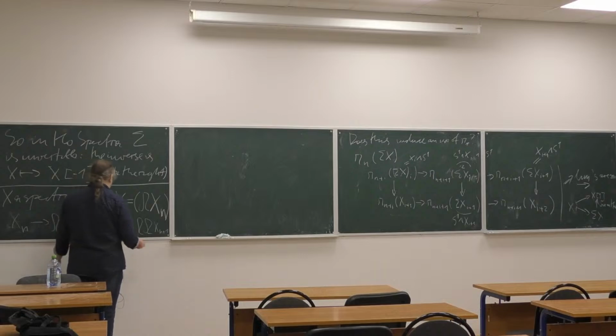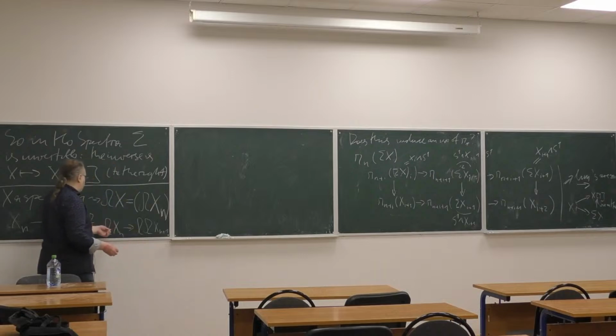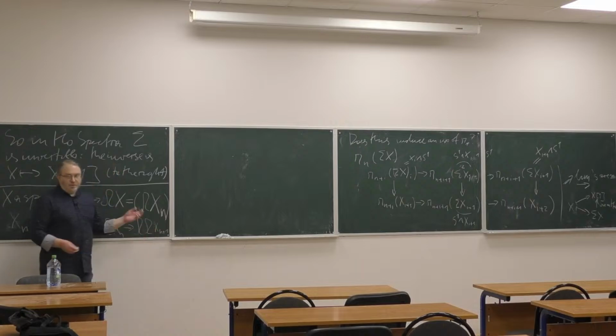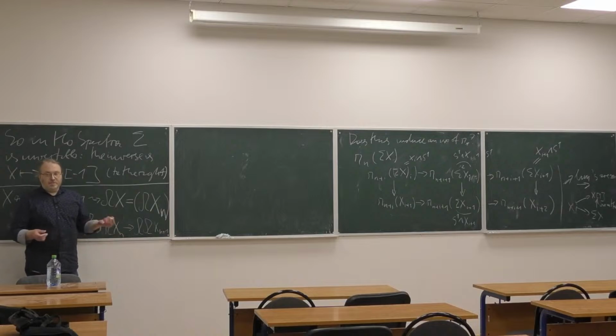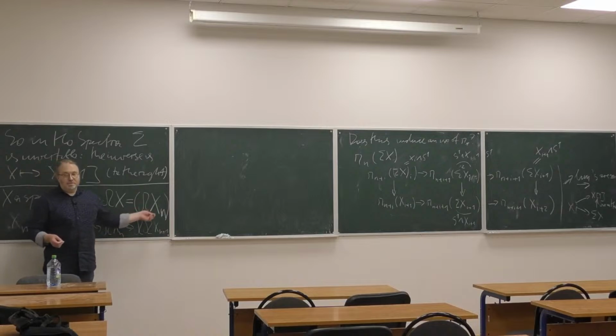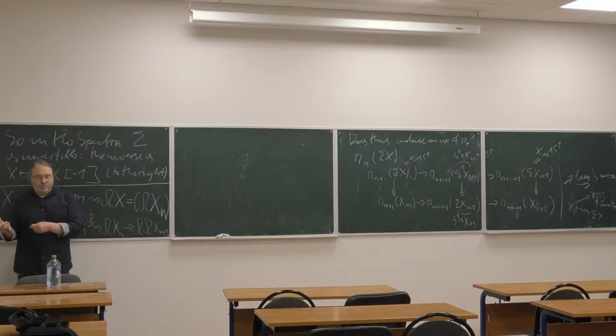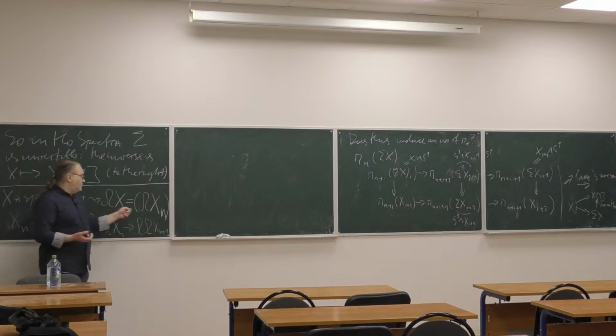Very well. So this is the nth component of this spectrum, and this is the omega of the n plus first component of this spectrum. So I have maps from each component to the omega of the next component, and this gives me a spectrum.